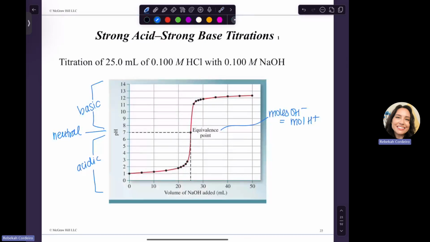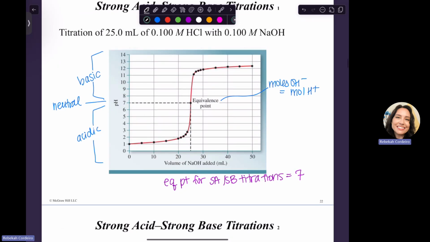When we're doing strong acid, strong base titrations, the equivalence point is 7. Because we think about what we make in this chemical reaction. If you have a strong acid plus a strong base, you're going to make water plus a neutral salt.